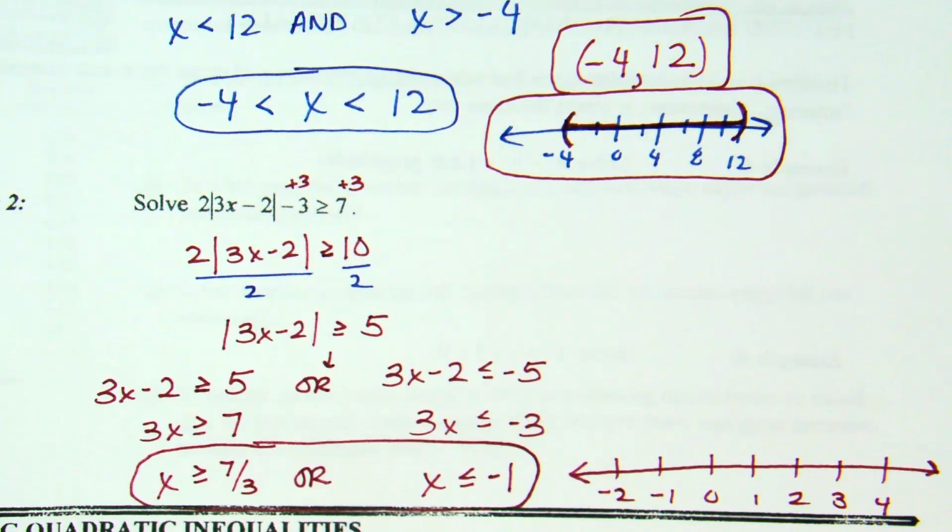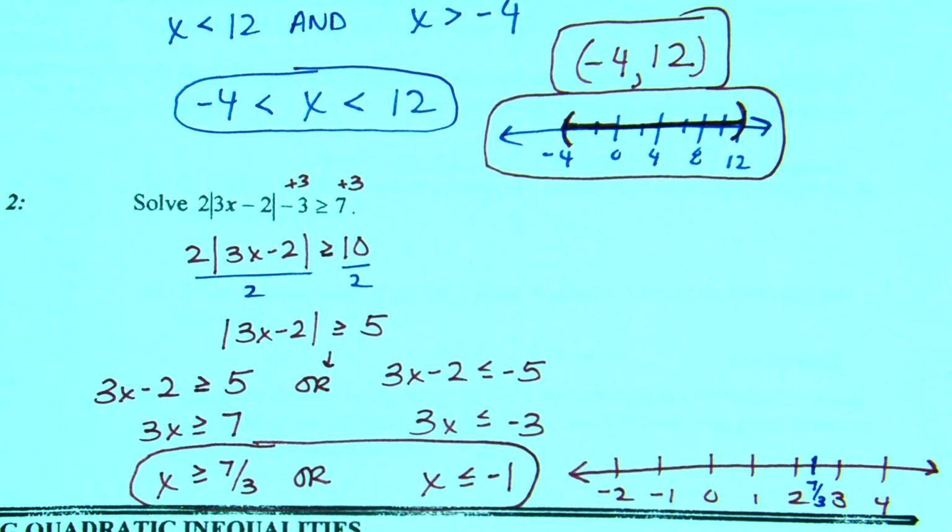My brain knows that is 2.3 repeating. I would like to think you guys are getting to the point where you know 1/3 is 0.3 repeating. But you can always do 7 divided by 3 on a calculator and get 2.3 repeating as well, right? But even if I know 2 1/3, I know that 7/3 is going to be in between 2 and 3. Okay.